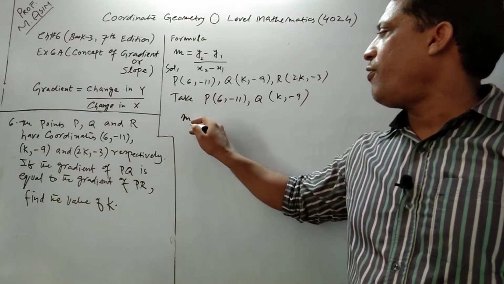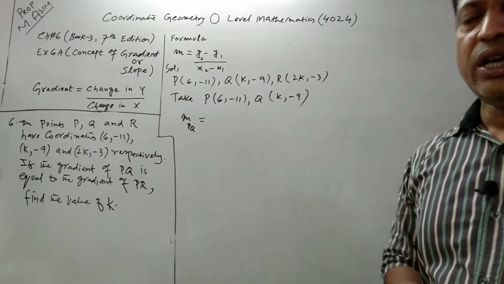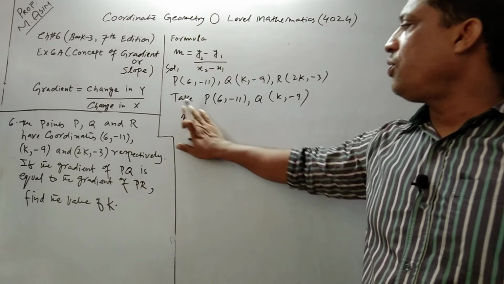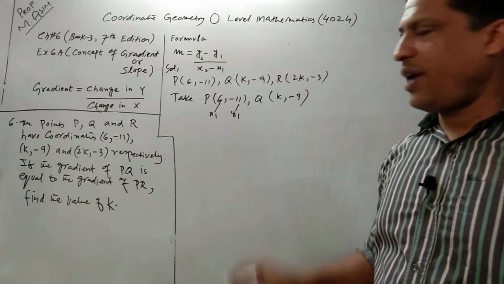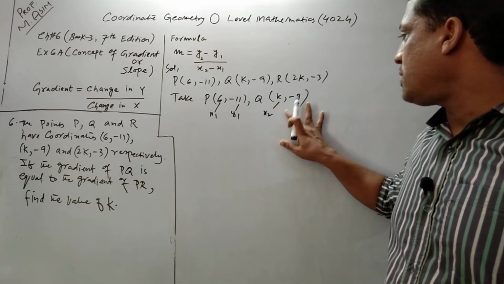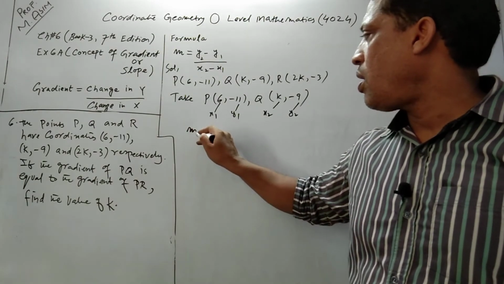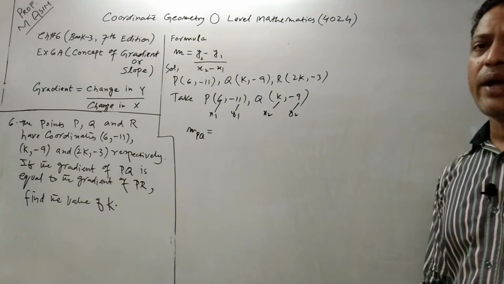So gradient of PQ, right? M subscript PQ stands for the gradient of PQ. This is X1, this is Y1, this is X2, and this is Y2. So the gradient of PQ is equal to Y2 minus Y1.